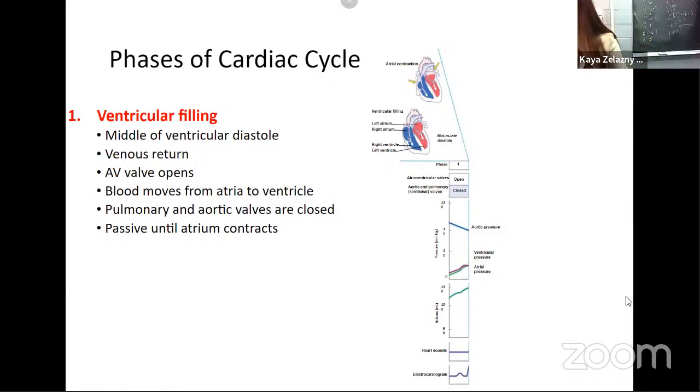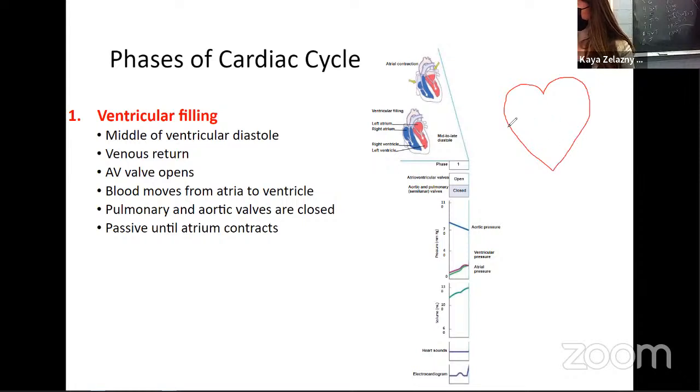So our first phase of the cardiac cycle, since we are focusing on the ventricles, it's always helpful to think about the cardiac cycle, basically everything related to the heart, as how it compares to those ventricles. So we have our heart, going to have separation between our atria, ventricles, and between the ventricles and the atria.